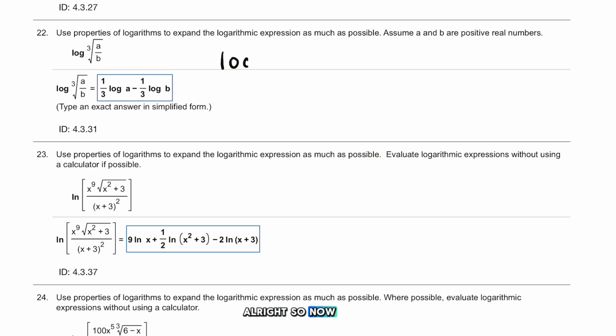All right, so now you just do the same thing, even if you have a number and a variable, you just use the properties accordingly.